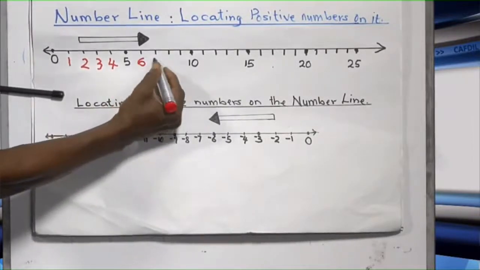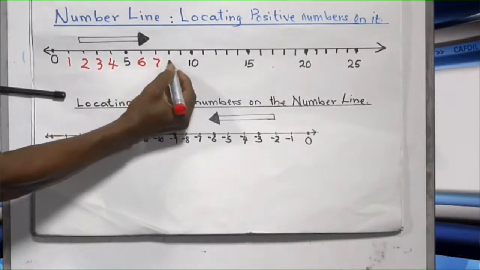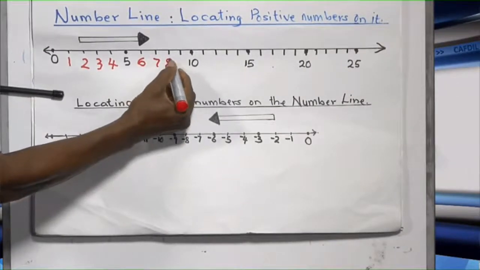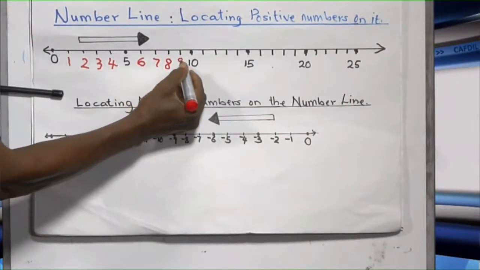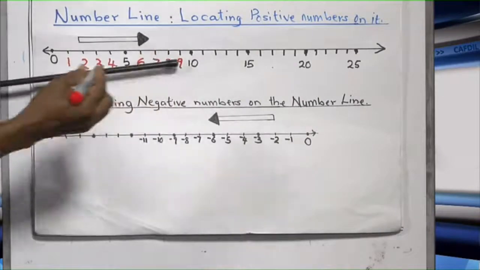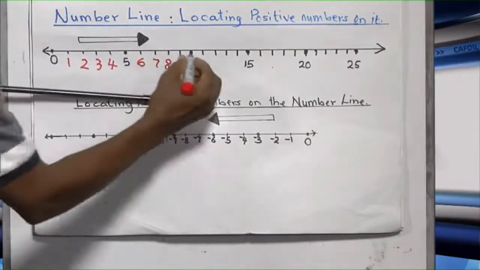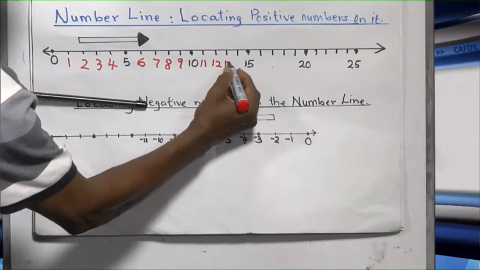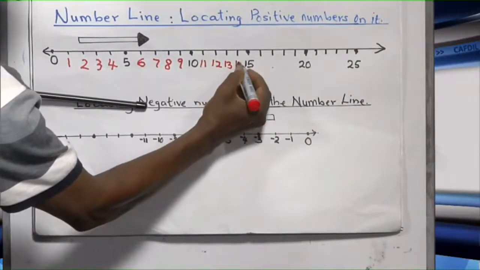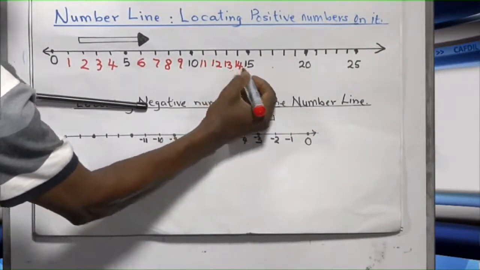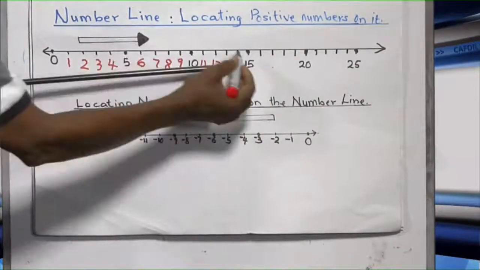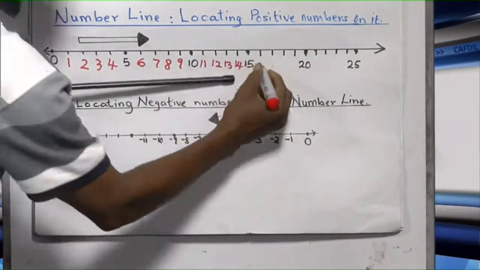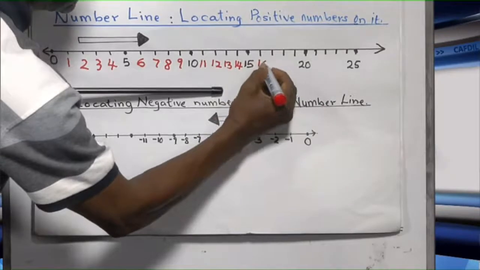The next one, 7. Next one, 8. Next one, 9. Go to 10. Next one, 11. Next one, 12. Next one, 13. Next one, 14. Then you go to 15.